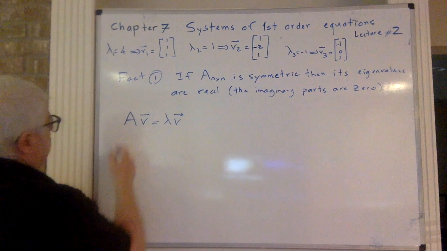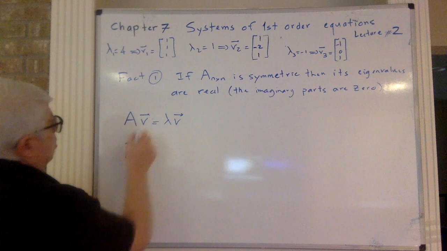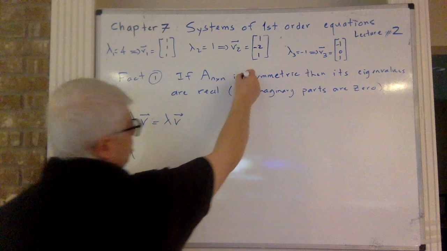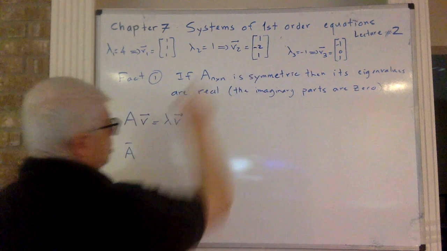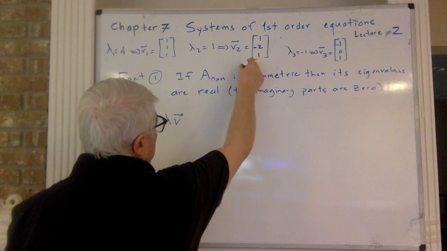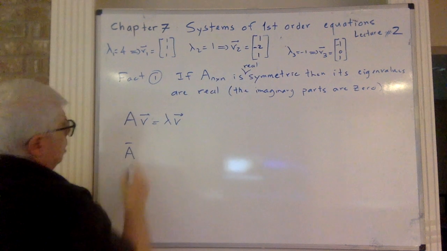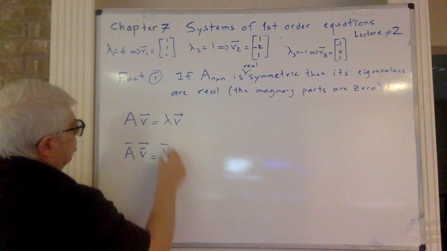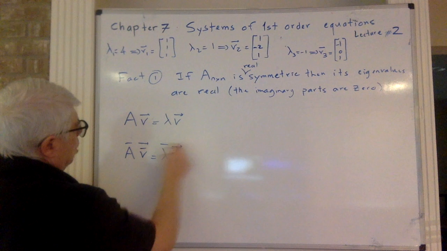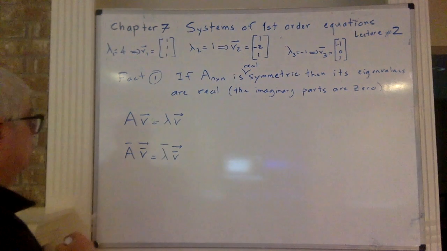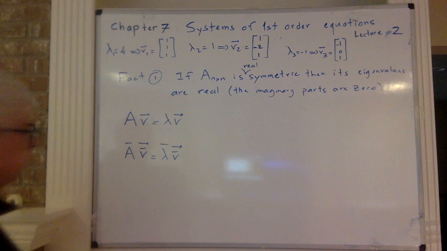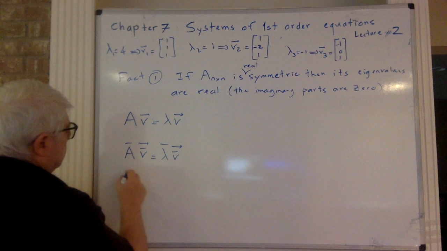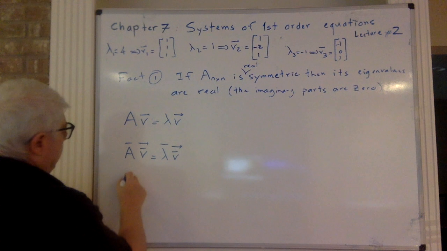So if I apply this to A V equals lambda V, and remember A is symmetric and has real entries, then A bar V bar equals lambda bar V bar. But A bar is A, right? So that is in fact A V bar equals lambda bar V bar.